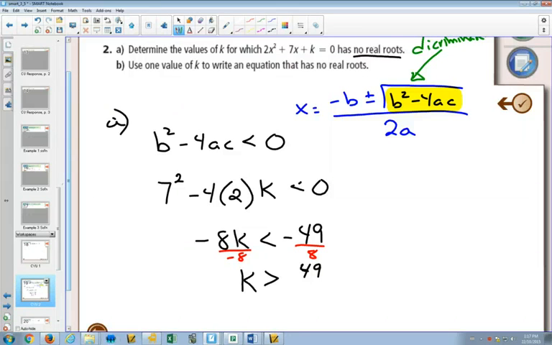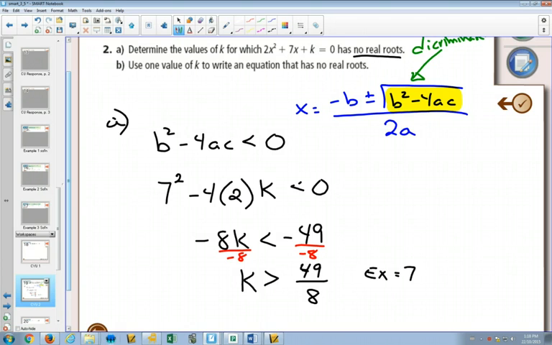And negative 49 divided by negative 8 is the same as 49 over 8. So as long as your k value is bigger than 49 over 8, can someone tell me a whole number that's bigger than 49 over 8? So example, 7. 7 is bigger than 49 over 8. 8 is bigger than 49 over 8. Because this is equal to 6.125, or something like that if you calculate it.